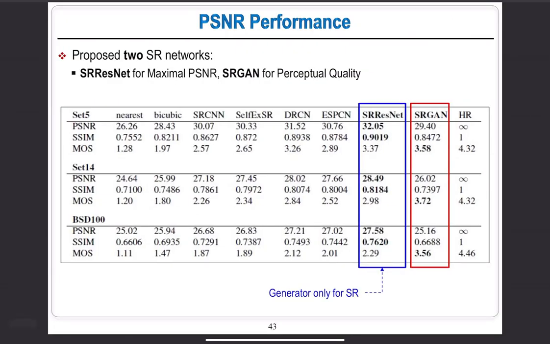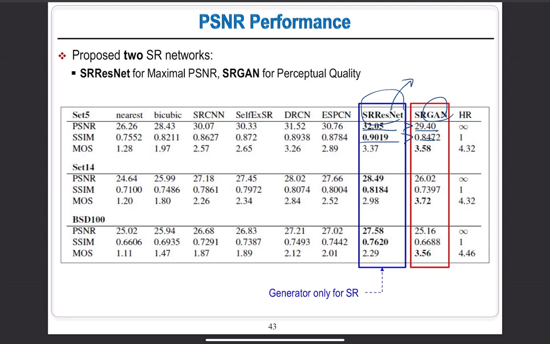And this is also the same thing. The authors summarized two proposed models, SRResNet and SRGAN. SRResNet is designed to maximize evaluation metric values, PSNR and SSIM, much better than SRGAN, while SRGAN is optimized for perceptual quality by using adversarial loss and perceptual loss.